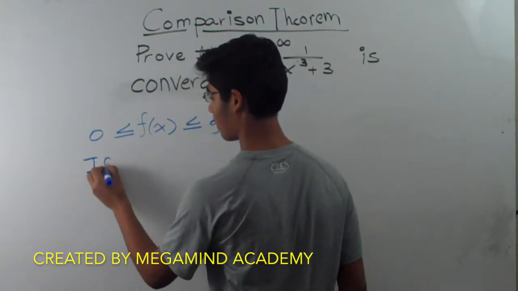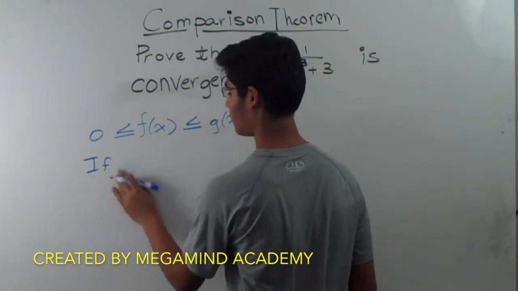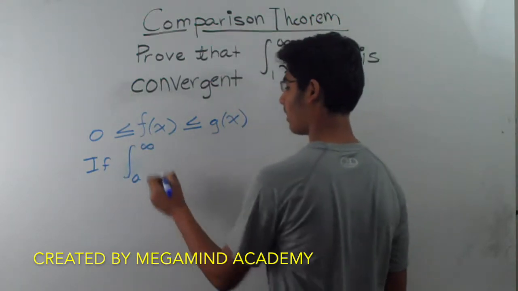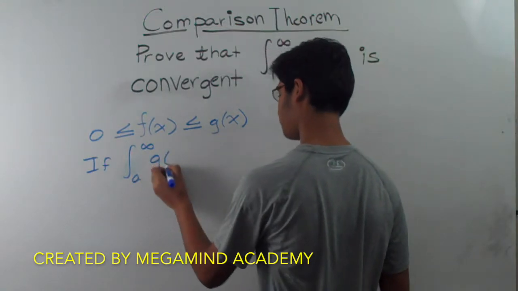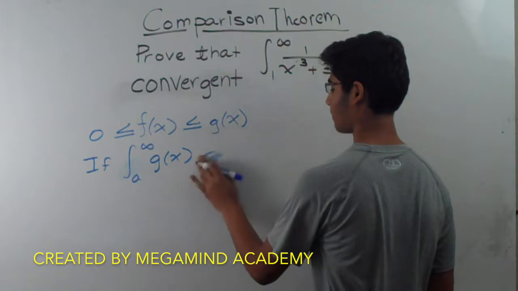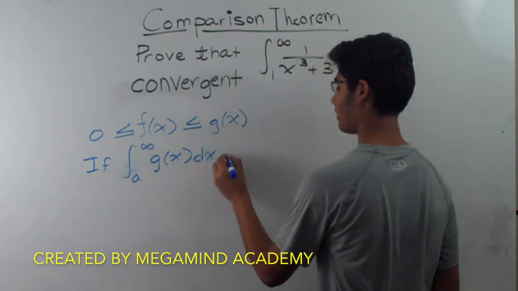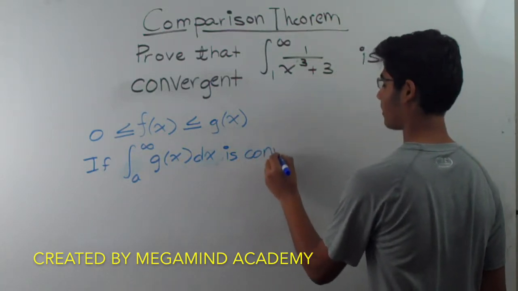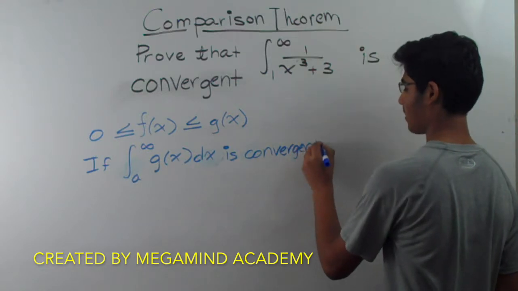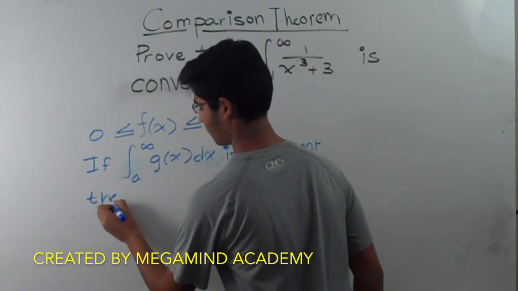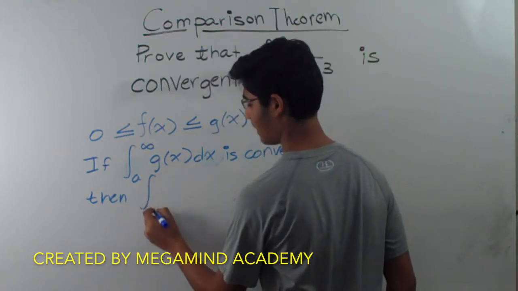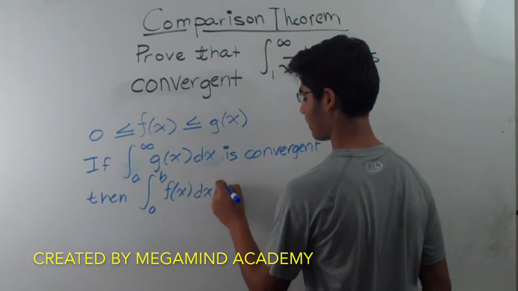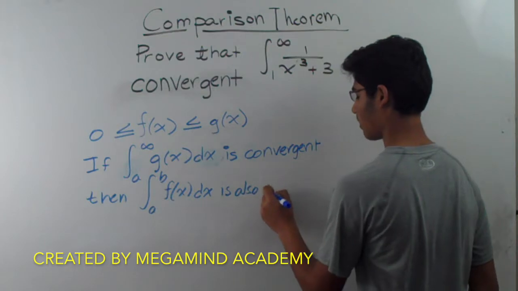if the integral of g of x from a to b, or a to infinity, dx is convergent, then the integral from a to b of f of x dx is also convergent.